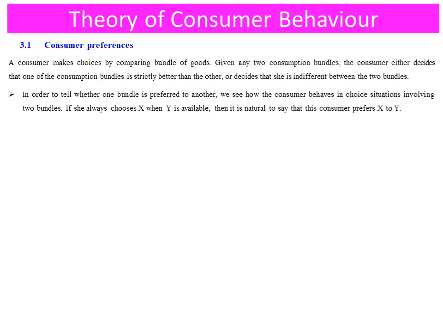In order to tell whether one bundle is preferred to another, we see how the consumer behaves in choice situations involving two bundles. If she always chooses X when Y is available, then it is natural to say that this consumer prefers X to Y.